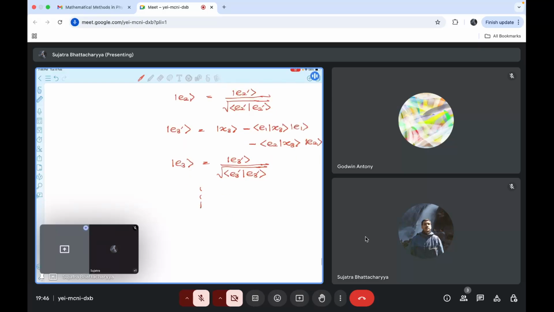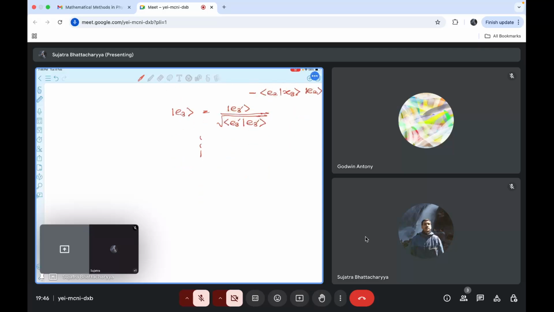Just keep on adding the terms and try to build this up. Although I have not found many questions from this, and I don't think there are too many in the assignment, if you have to generalize this, let me write it. You first find E(i+1) dash, for any arbitrary i. It will be x(j+1) minus the summation, j going from 1 to i, of the inner product of ej and x(j+1), times ej.